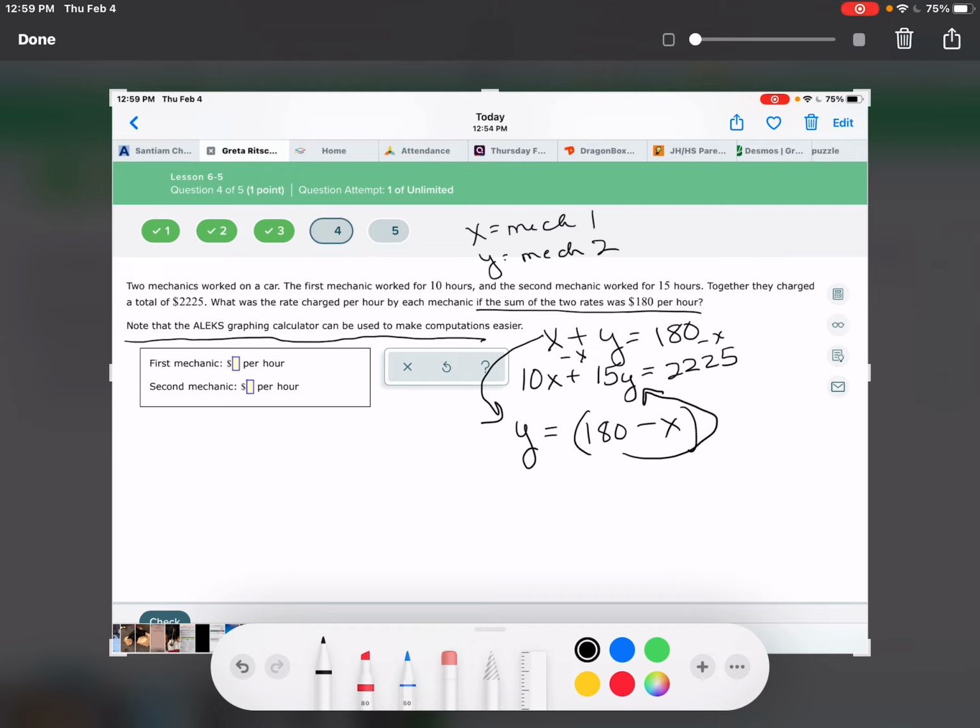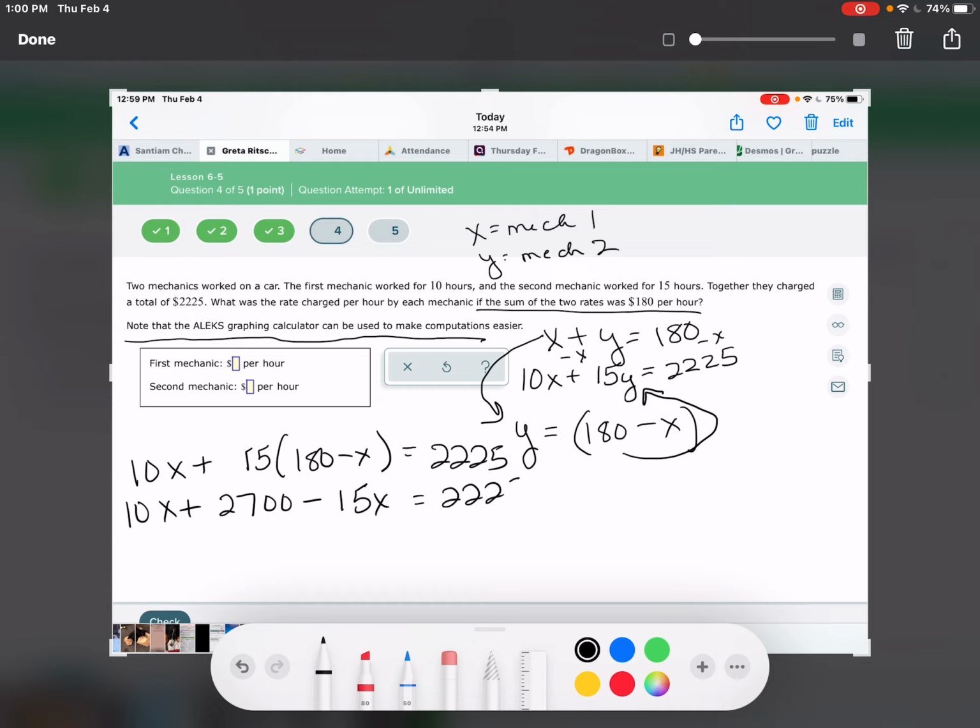So I would have 10x plus 15 times 180 minus x equals 2,225. And I can do this math. 10x plus 15 times 180 is 2700 minus 15x equals 2,225. And we need to put things together. So the 10x and the negative 15x makes a negative 5x.